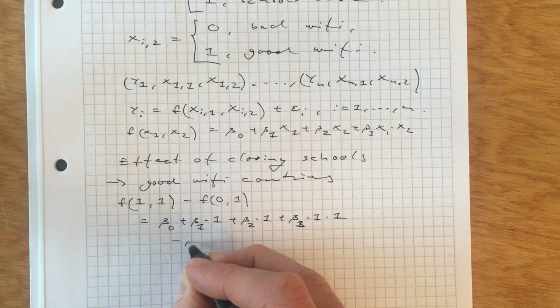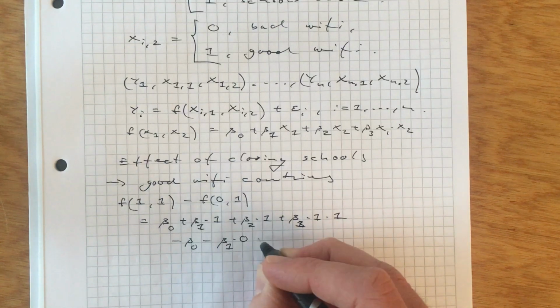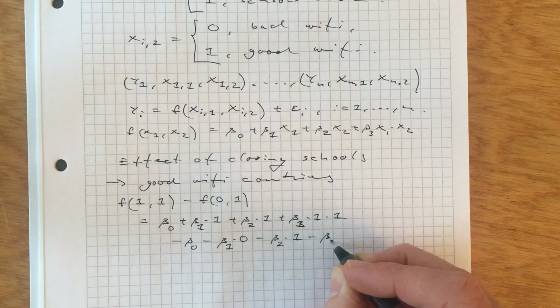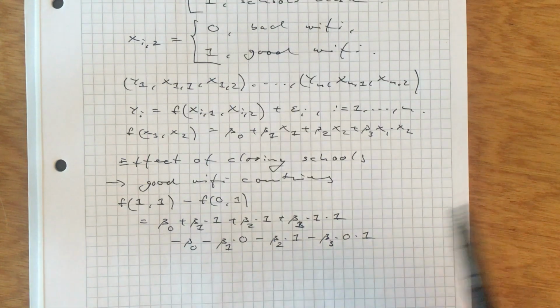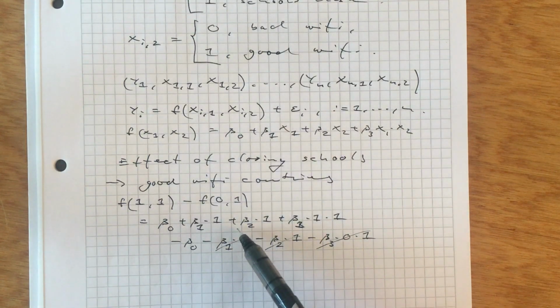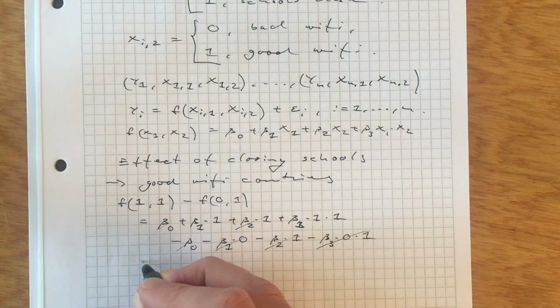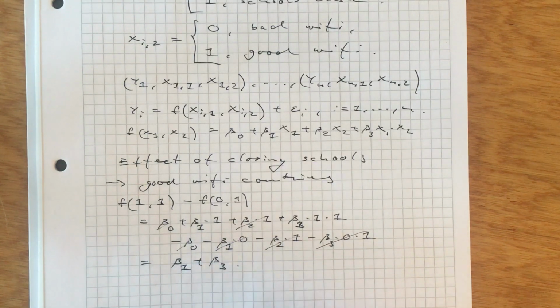And from here we get minus beta 0 minus beta 1 times 0 minus beta 2 times 1 minus beta 3 times 0 times 1. So when we multiply by 0, these disappear, this one falls against that one, and the intercepts fall against each other. So then we get beta 1 plus beta 3.